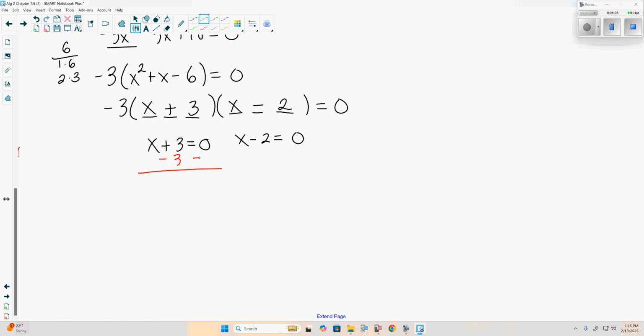X plus 3, we can subtract 3 from both sides, telling us that x is equal to negative 3. With our x minus 2, we can add 2 to both sides, telling us x is equal to 2. Either one of these is a restriction.